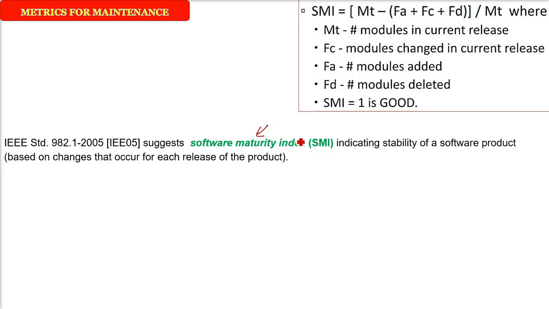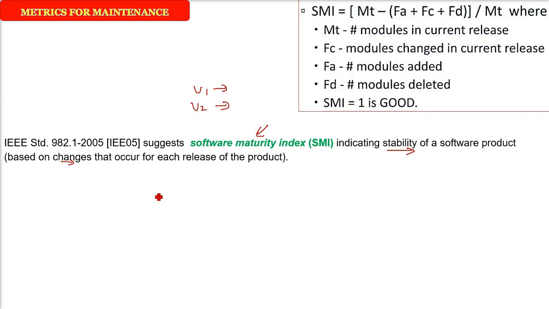It indicates the stability of a software product, and this is based on the changes and modifications that occur for each version or release of the product. So there is version 1, there can be version 2, there can be multiple versions. Every time some module is changed, some module is added, some module is deleted.